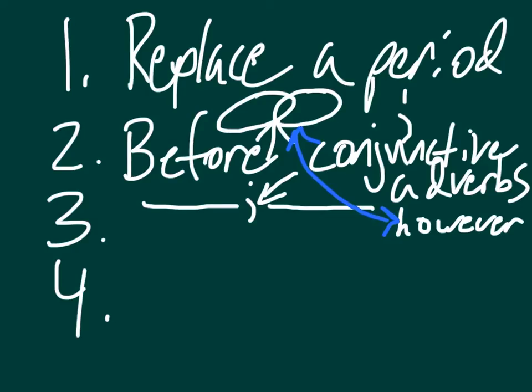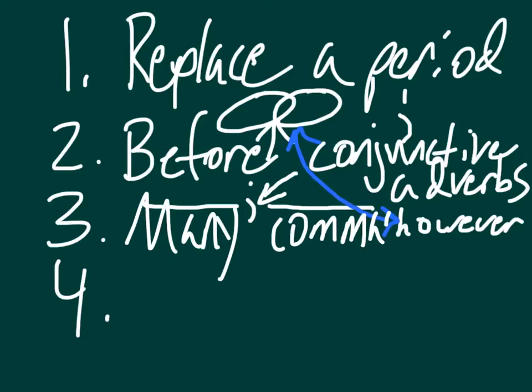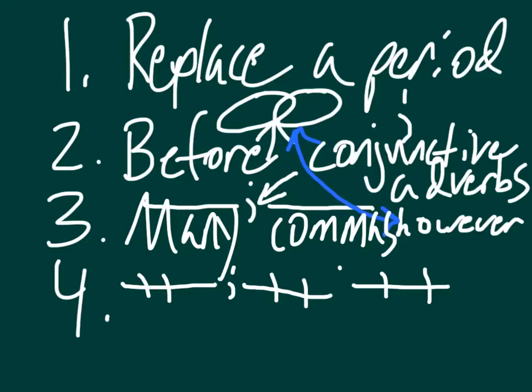So another case is when there are many commas and you have a list, okay? If you have a lot of commas in your list items, you'll want to use semicolons to separate those list items. So if we have list item, list item, list item, and there are commas within these list items, then you'll use semicolons to separate the items.